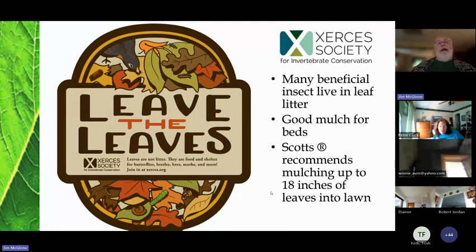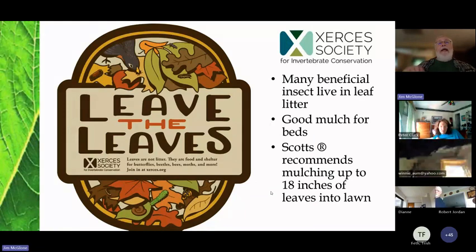If you've got more than that, there's something going on with your trees that's not right. And Scott's is saying you can mulch up to 18 inches. So you don't need a leaf rake. You don't need to spend all that time raking your leaves. It's one of the reasons people say, I don't want to have a tree because I don't want to have to rake the leaves. Well, now you know that you shouldn't be raking the leaves.